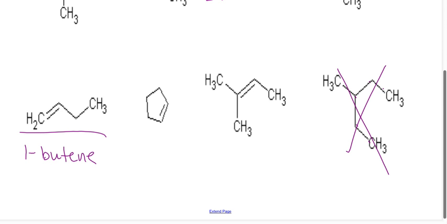How many intersections on this circle? 5. 1, 2, 3, 4, 5. Cyclopentene. And he said hex. Well, that's a pentagon. That's not a hexagon. Cyclohexane looks like this.